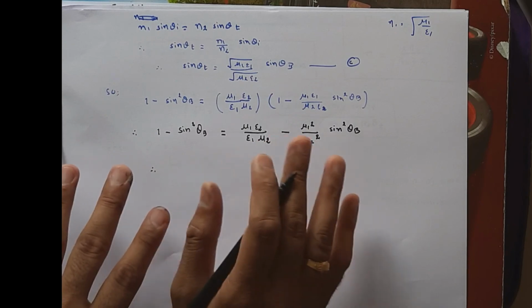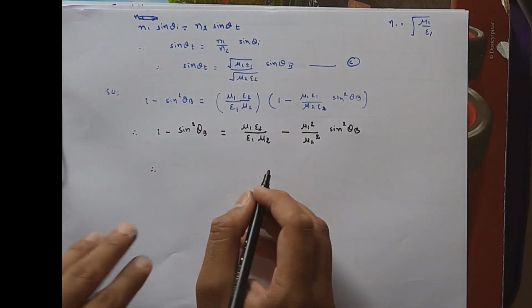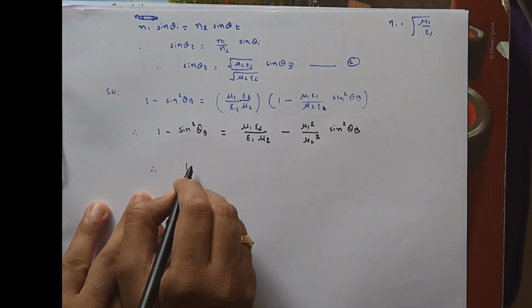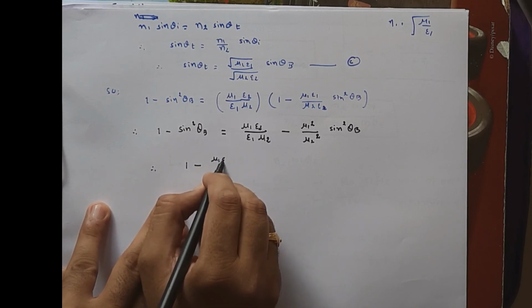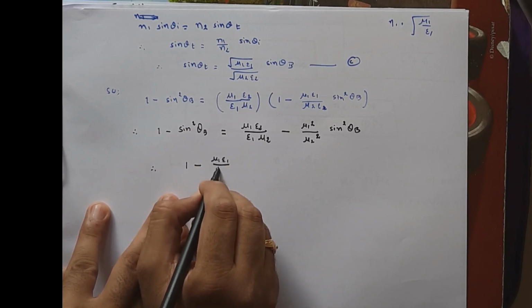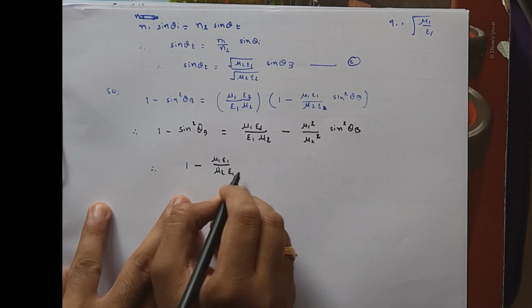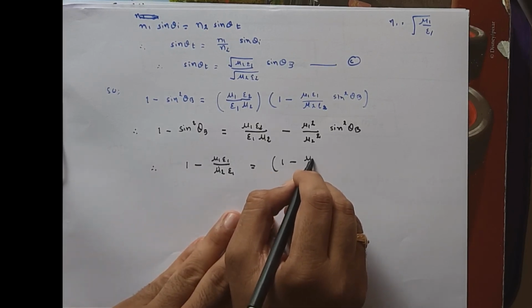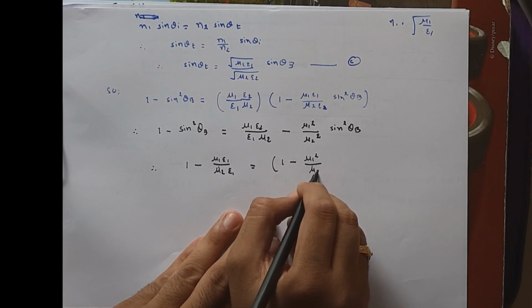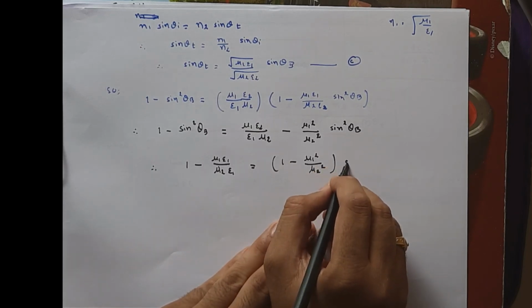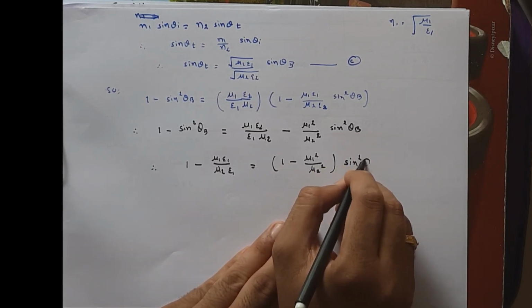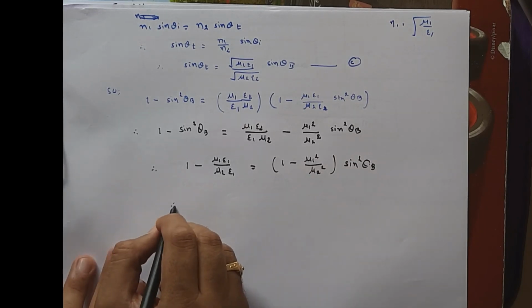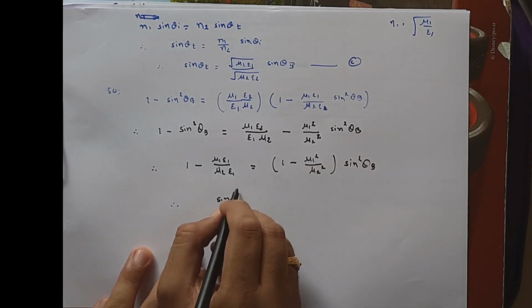If you rearrange this term, it is 1 minus mu1 epsilon 1 by mu2 epsilon 1 is equal to 1 minus mu1 square by mu2 square sin square theta b. So what is sin square theta b?